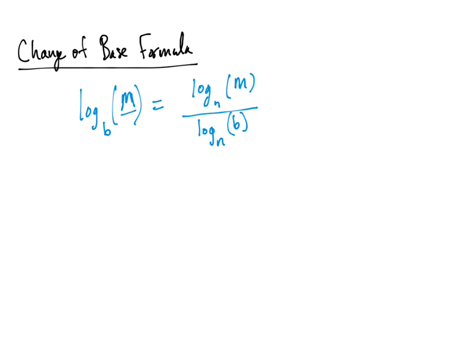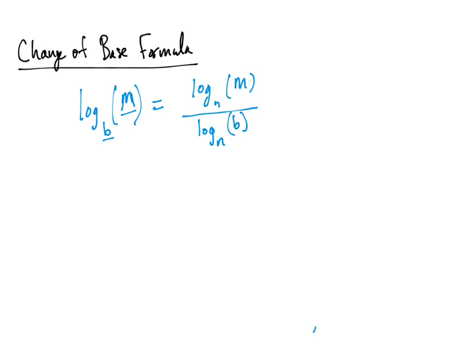So m goes in the numerator, this base b goes in the denominator. Now this is really useful when we have a base for a logarithm that is not either 10 or e, and we want to be able to evaluate this easily on a calculator, because not all calculators allow us to change the base number.